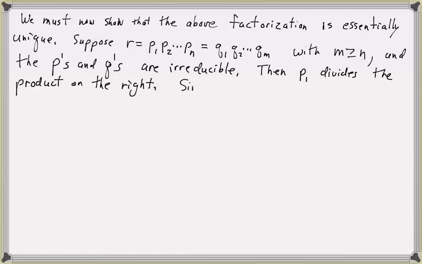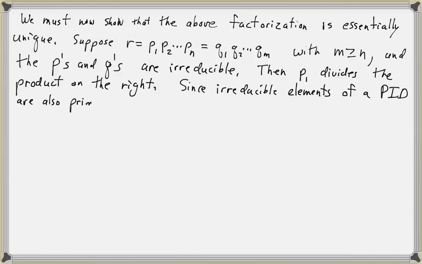So since irreducible elements of a PID are also prime, and we know that p1 divides the product on the right, therefore, since p1 is prime, p1 must divide one of the factors qi on the right.